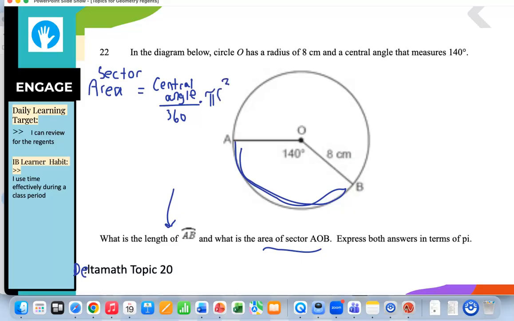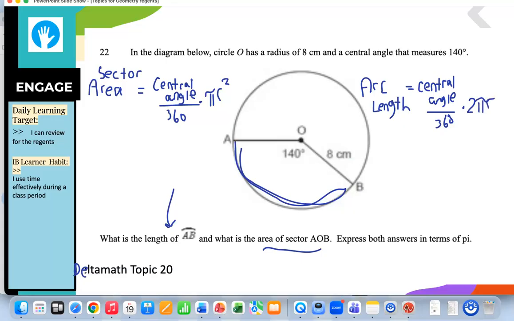All right, so if you didn't know that, please make a note. Arc length is slightly different. Arc length is basically the same initial thing, the central angle divided by 360 times 2 pi r.